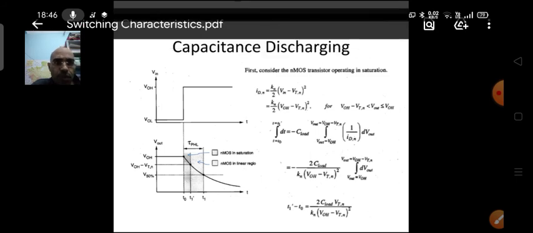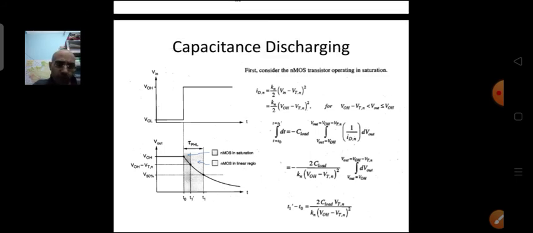So my suggestion is that, as we have determined, our NMOS operates in the saturation region up to a certain voltage. At VOH it operates in the saturation region, but it keeps on operating in the saturation region until the output voltage is greater than VOH minus VTN. The reason is the same: VDS should be greater than VGS minus VTN. So your input is VOH, and your output is now falling.